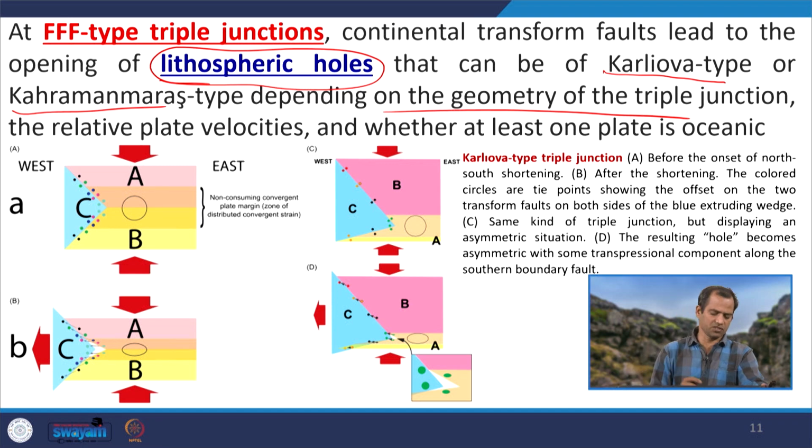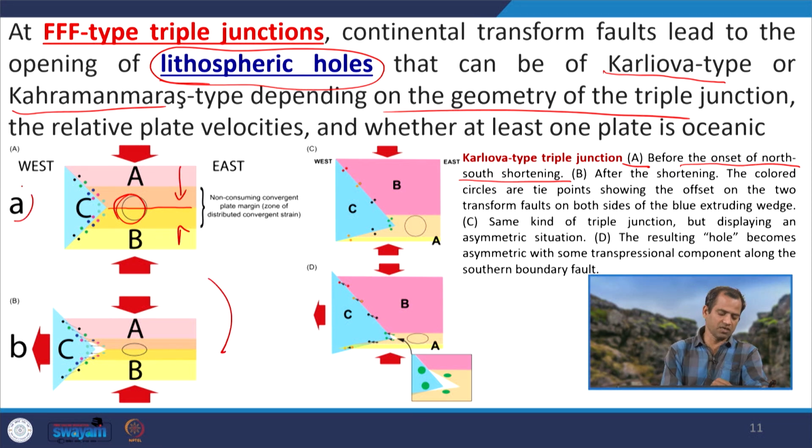For example, if you see here, suppose A shows, before the onset of north-south shortening, we have a circle here. This north-south shortening is not there; we have only three plates, plate A, plate B and plate C, and here we are putting a circle without any deformation, without any movement. Now, let us compress it. So, here we are going from figure A to figure B, and now we are compressing it.